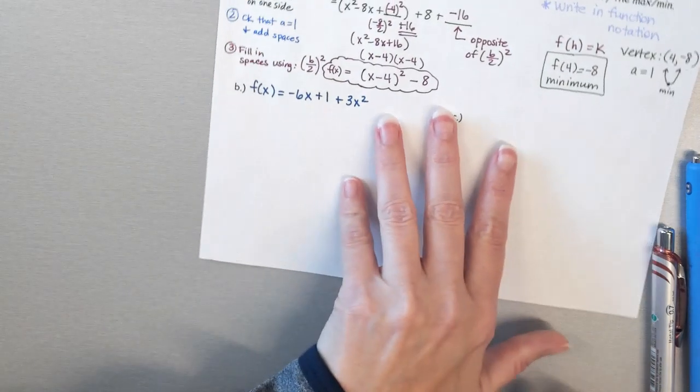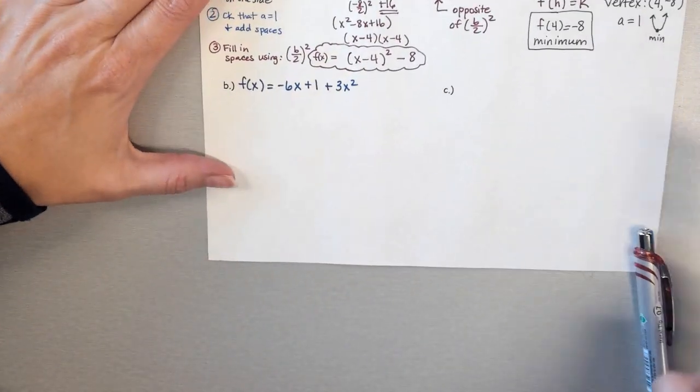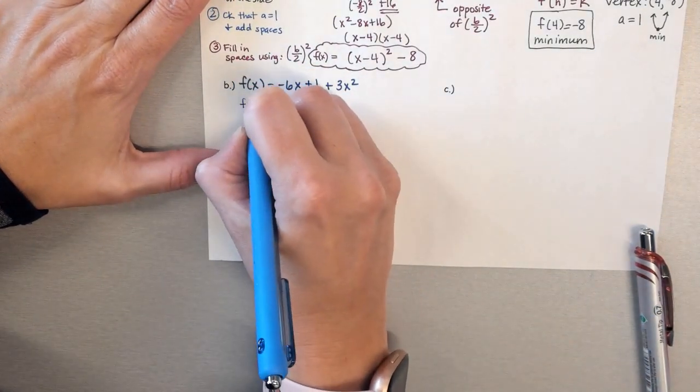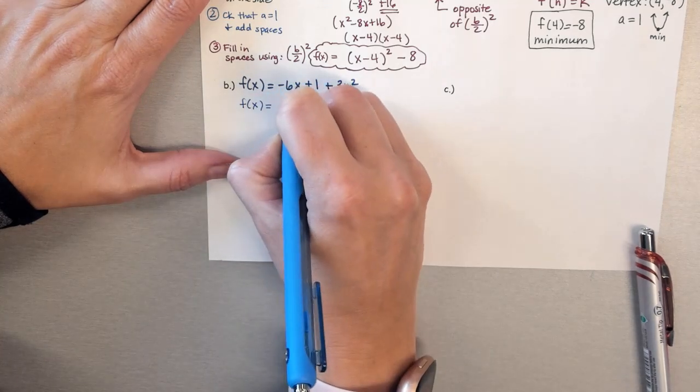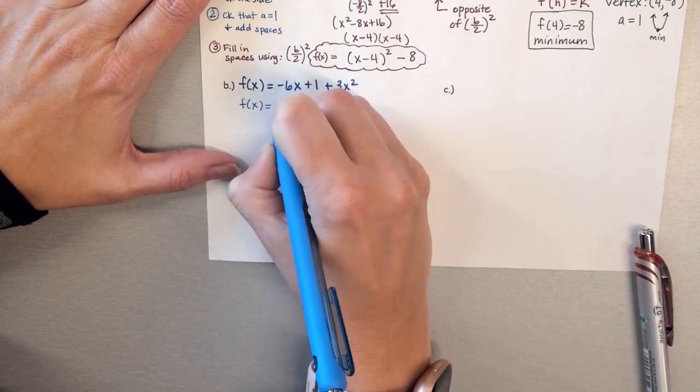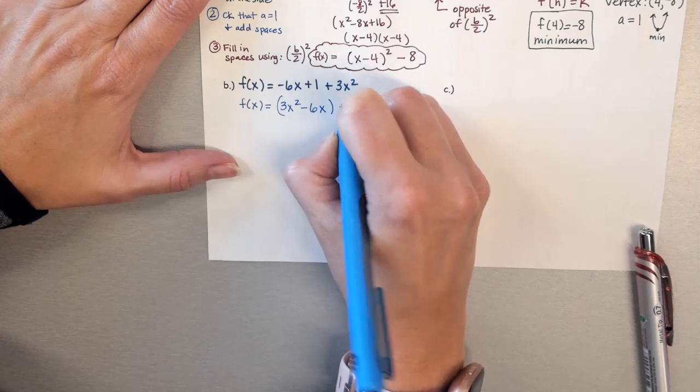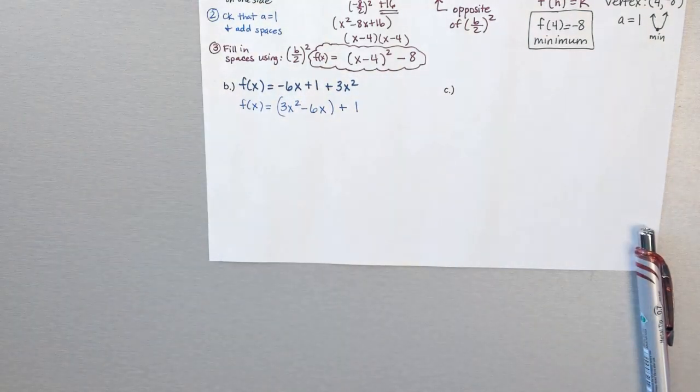Okay, so once you put that in the proper order, you group your x terms together, and you have to check to see if a is equal to 1. Okay, in this case, was your a value equal to 1? Nope. Okay, so it's going to be a very simple process to get it to be 1.